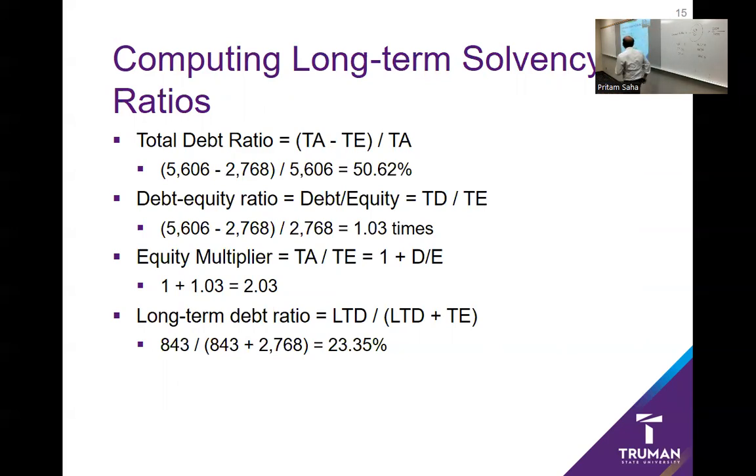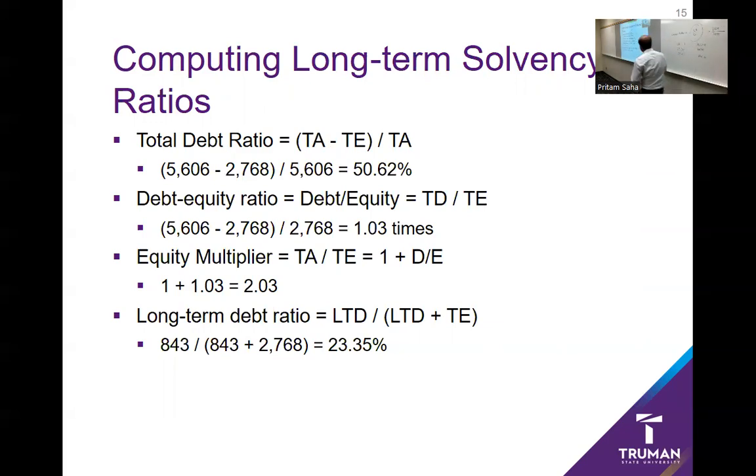If you look here, you have 1.03 times of your total equity in your total debt. You have marginally more total debt than total equity in the total assets. Equity multiplier: total assets over total equity.